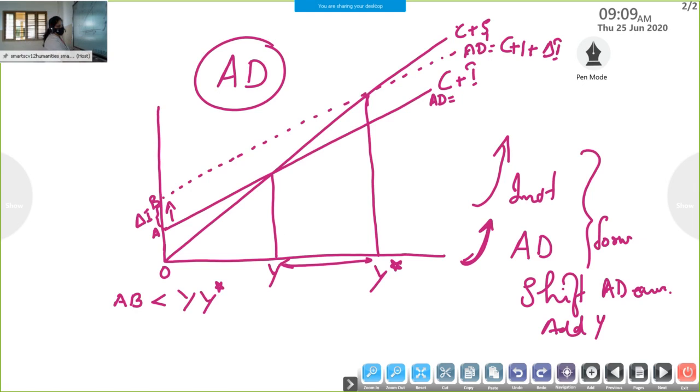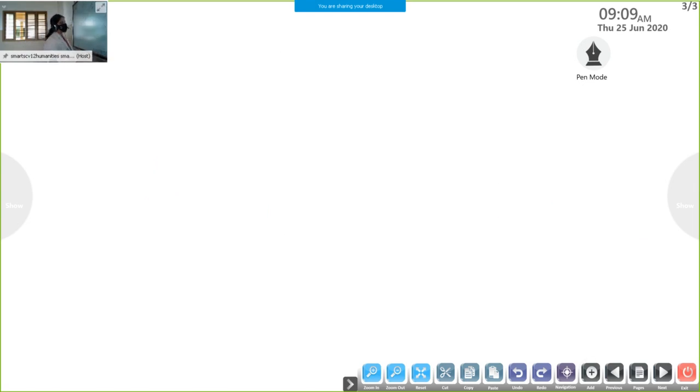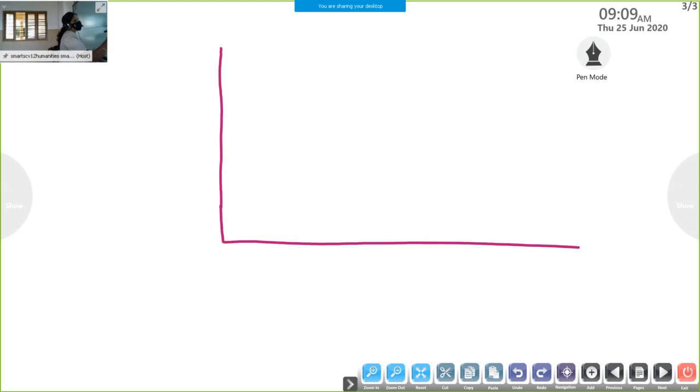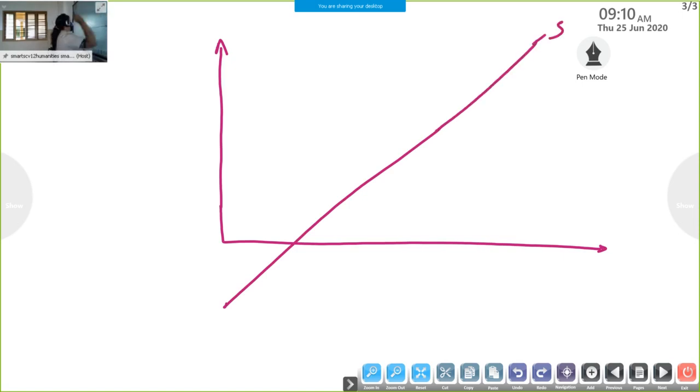Okay. If we are taking the S-I approach, again we need saving-investment equilibrium. This is the saving curve, break even point. Then what we need? Investment.